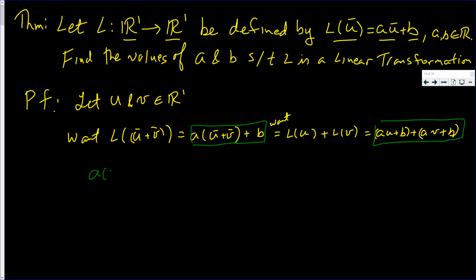A times u plus v plus B is Au plus Av plus B.